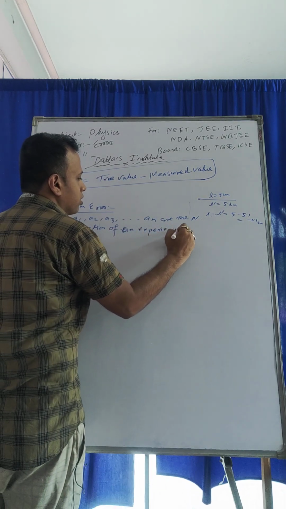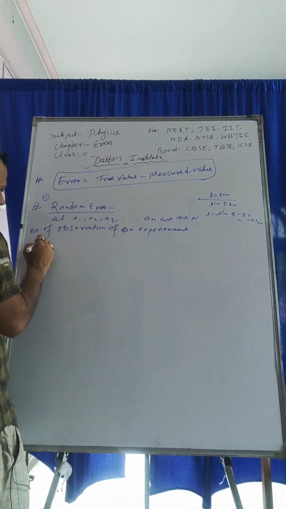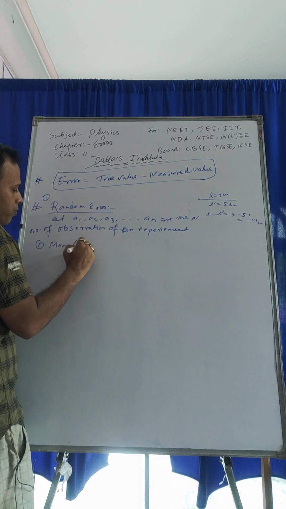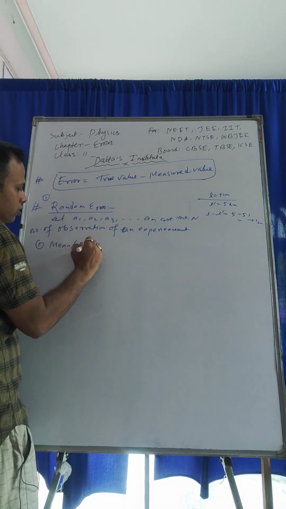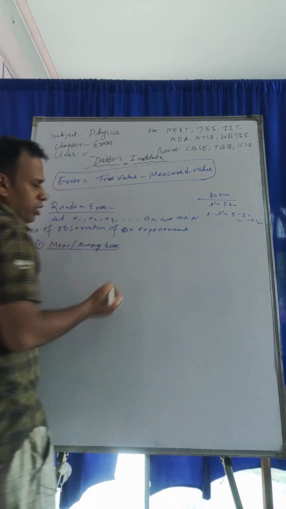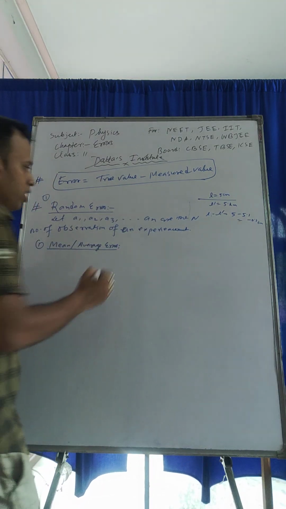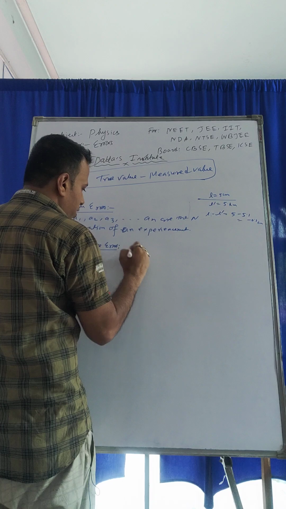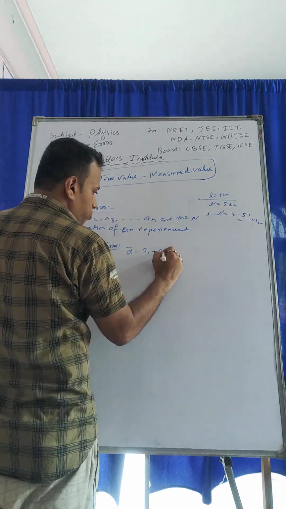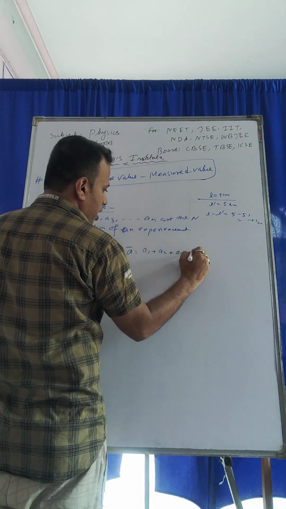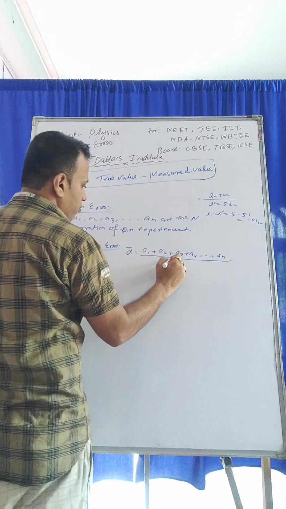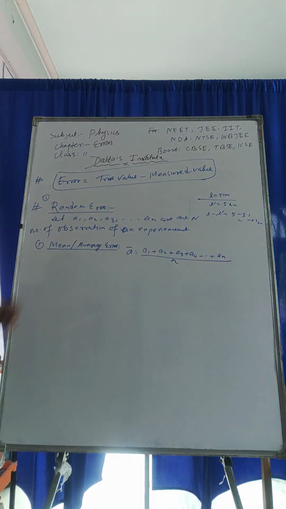So in that case, what is the mean error or average error? Mean error or average error we can calculate by using a simple method in statistics. Mean error is represented by a bar, which is a1 plus a2 plus a3 plus a4 dot dot plus an, divided by n. This is the formula of mean error, average error.